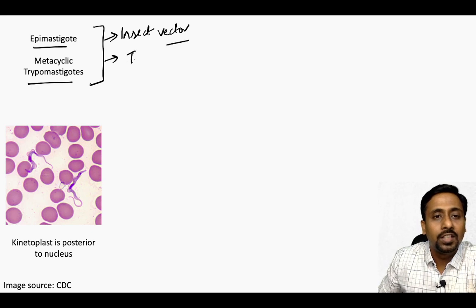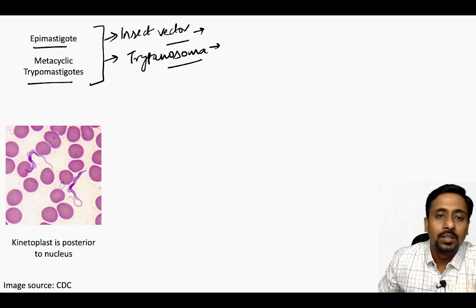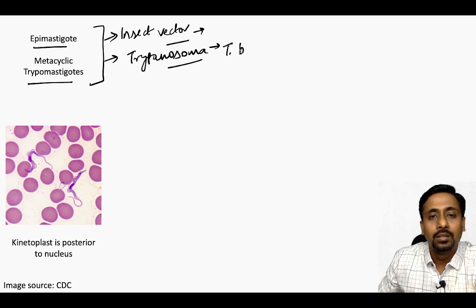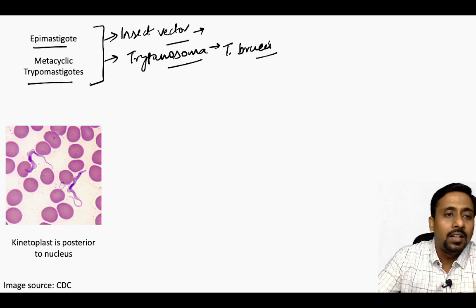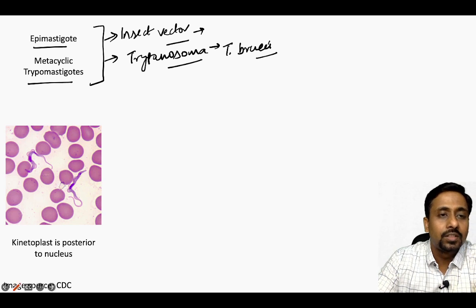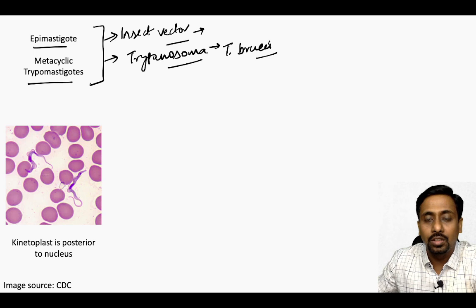They are seen in Trypanosoma species, such as Trypanosoma brucei. However, I'll draw the diagram of the epimastigote, how it will look. This epimastigote will look like this.